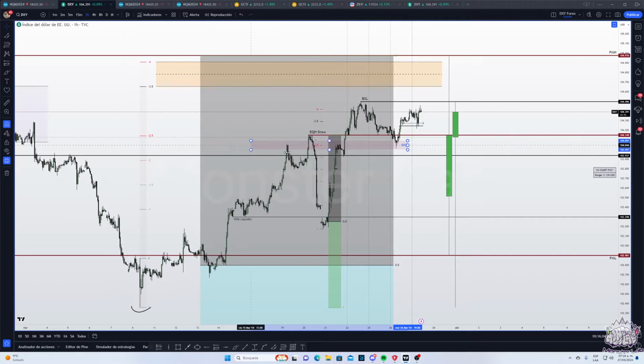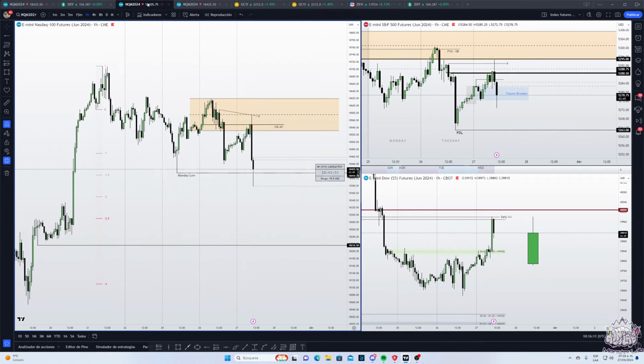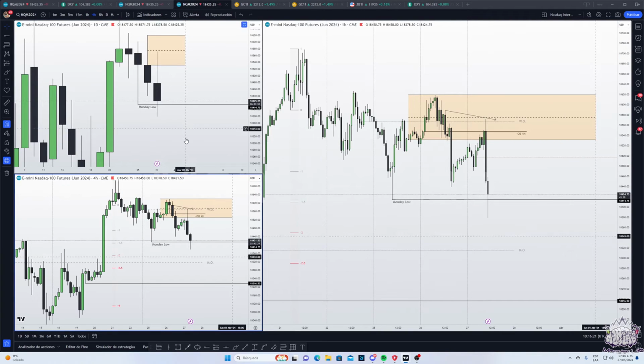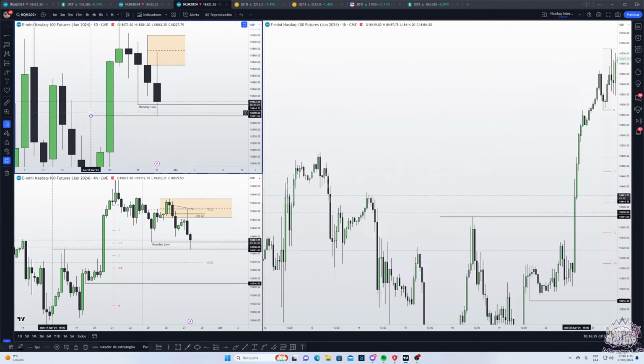So the next target is the 3.5 and 4 deviations. In Nasdaq, continue in bearish. Opposite DXY.